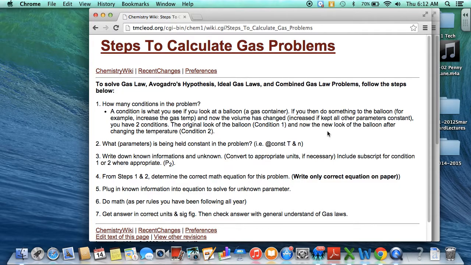If there are no action verbs, you are describing a gas, and I call that a one condition problem. If you have a two condition problem, there's another set of questions about what's being held constant and what's changing. Now, for the ideal gas law, you don't have a two condition problem.